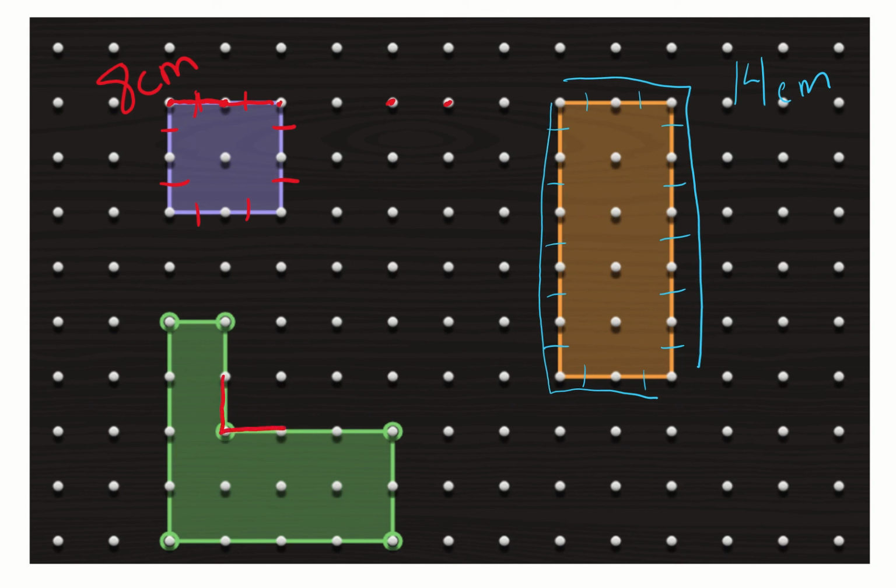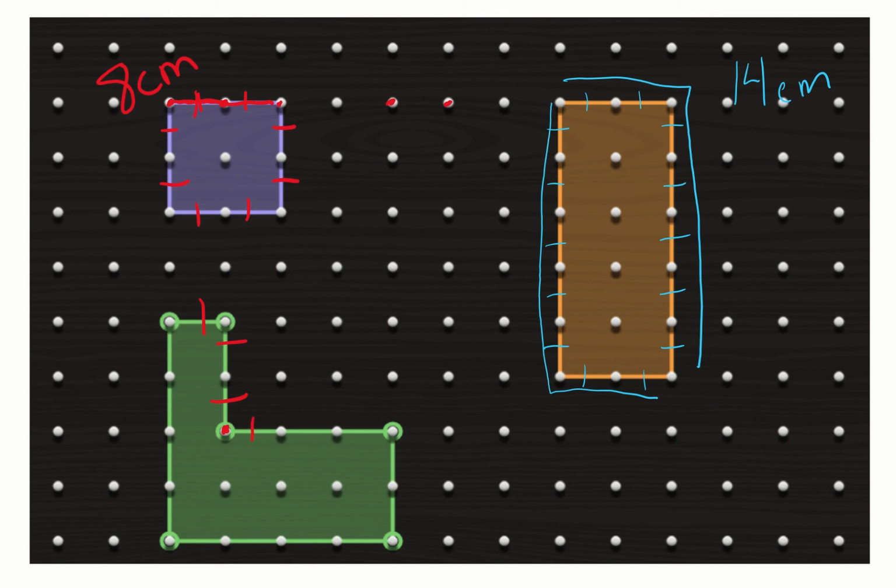As you count and you go 1, 2, and you say, well, this is 3, and then you keep going 4, 5, we've missed this one right here. We need to make sure that as we count the perimeter of the shape, we don't forget that as we get to this corner, there's actually one there and one here.